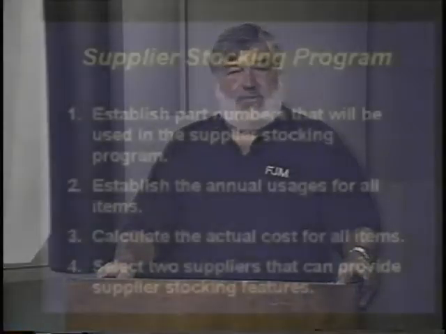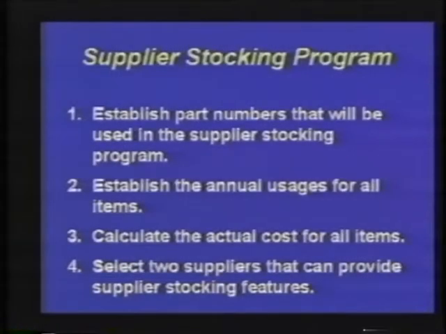Then, as step 4 indicates, if you have some critical items and the volume is such whereby you may want to select more than one supplier, in this case, you could share the business 50-50 or 60-40. I would not recommend you go below 40%.